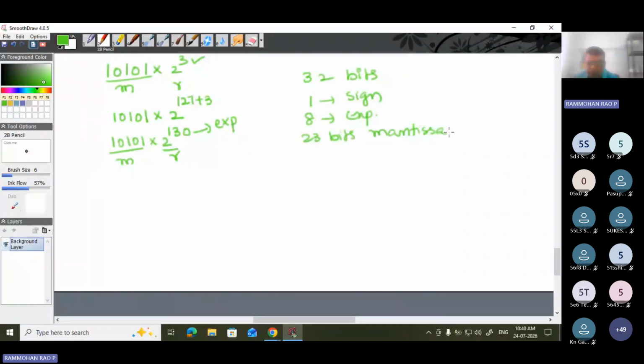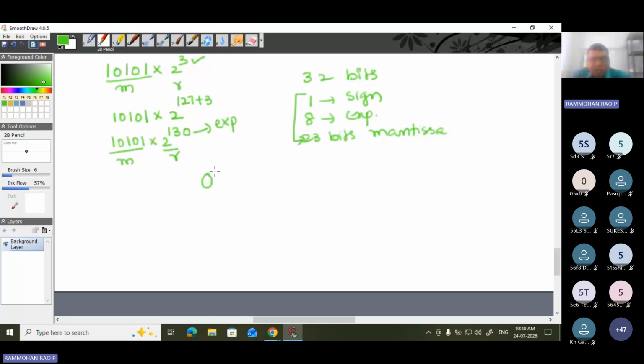You need to follow the order also. Now, 13.25, when we started our discussion, was it a positive or negative number? It's a positive number. So positive is 0, right? So I'll write a 0 to represent the sign bit.